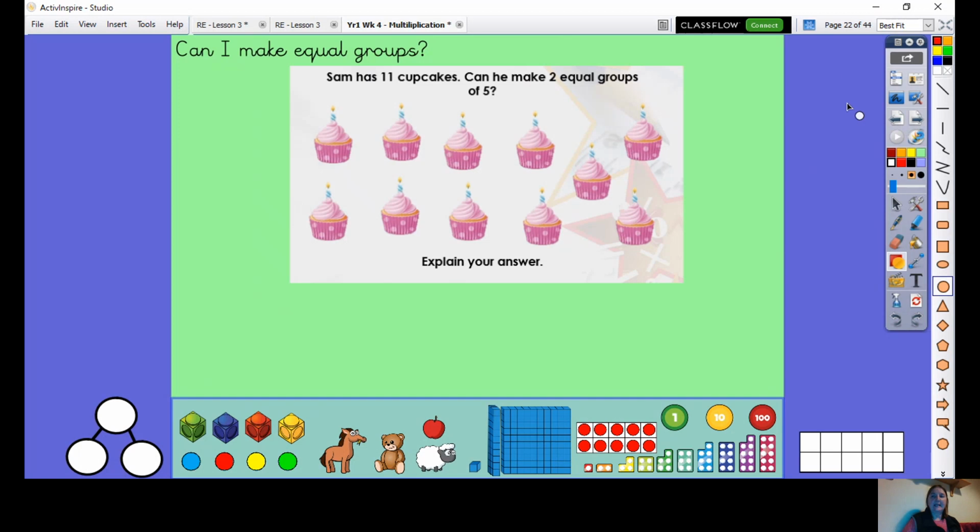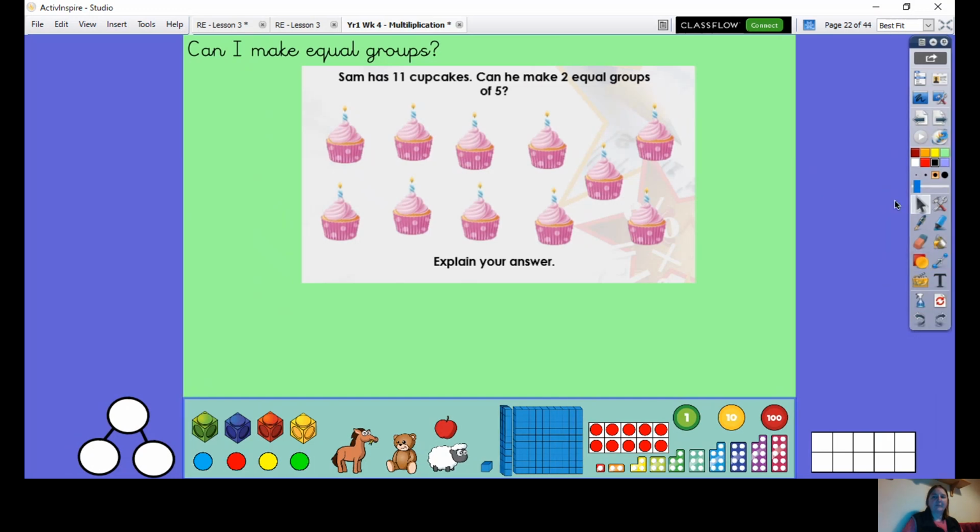Okay, so let's have a little think about this one. So it says here that Sam has 11 cupcakes. Can he make 2 equal groups of 5? So what I would do there is do it practically.